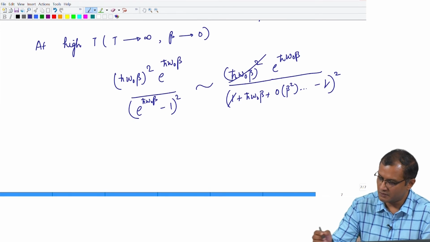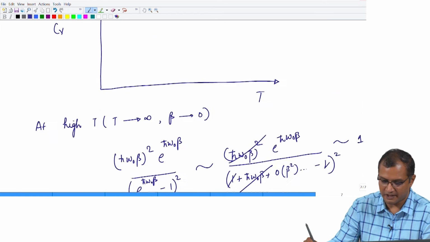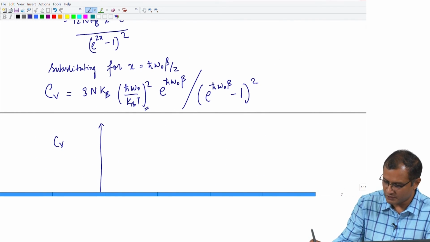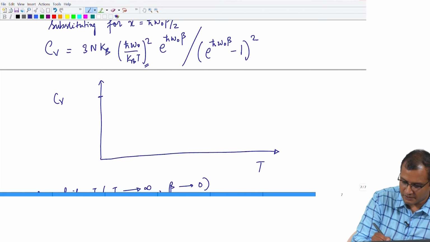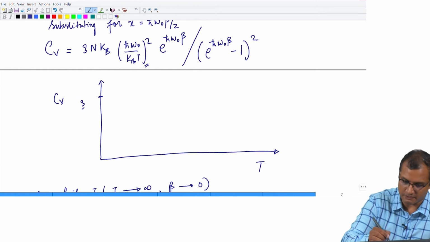So, this will knock off with this, and as beta goes to 0, this will go as 1. Now the prefactor here is just 3 by 2 nkB. So, the high temperature limit, or beta going to 0 limit, is just 3 nkB.